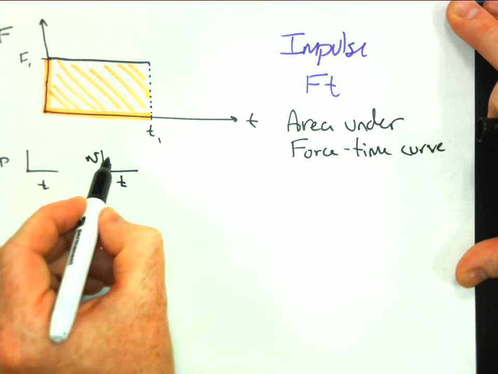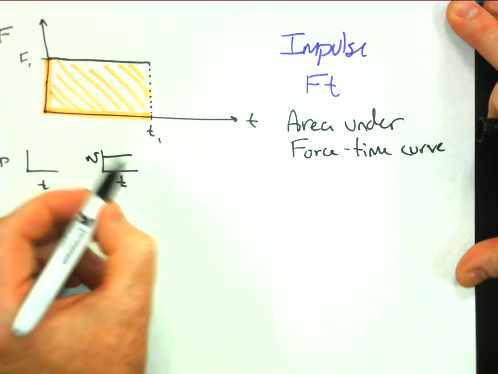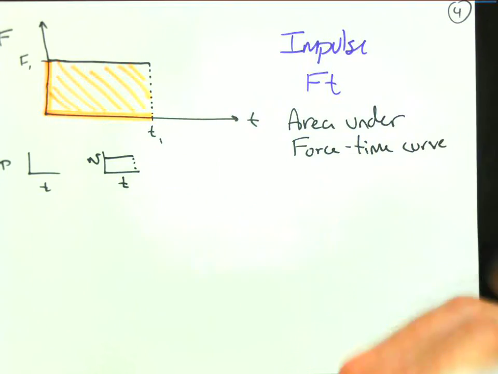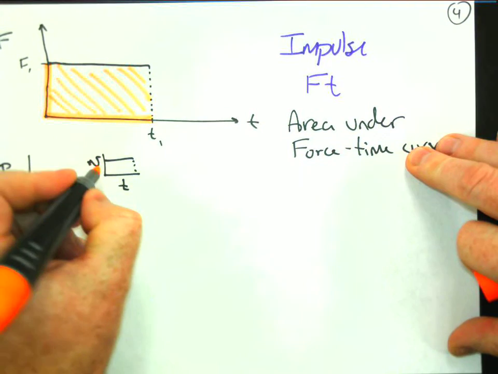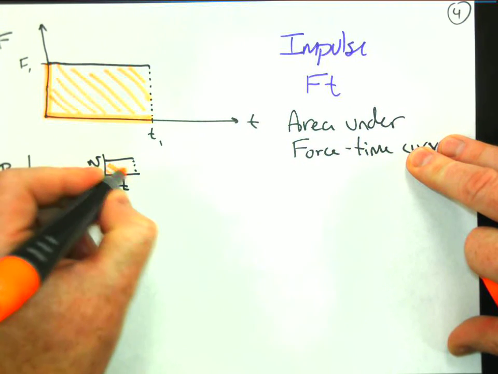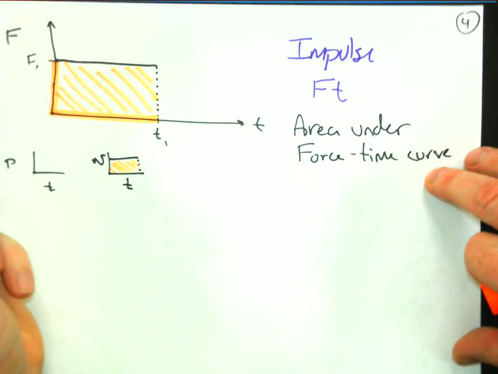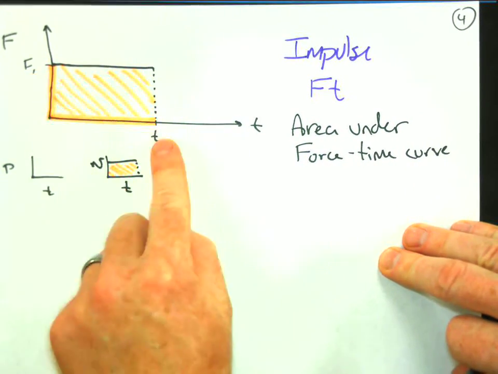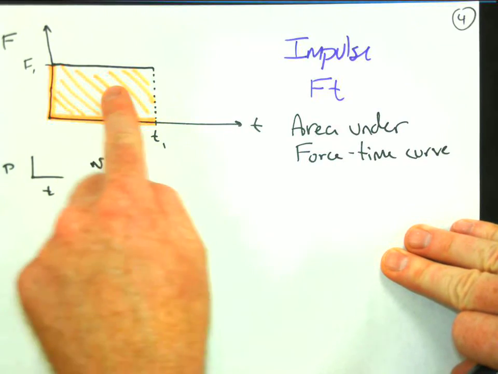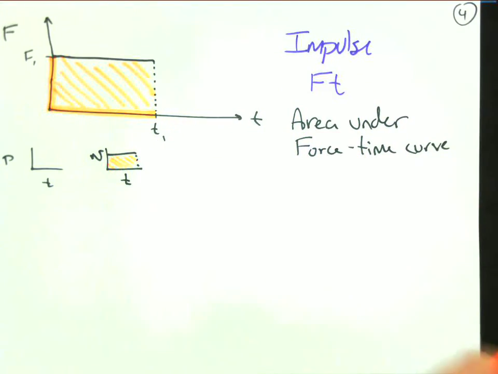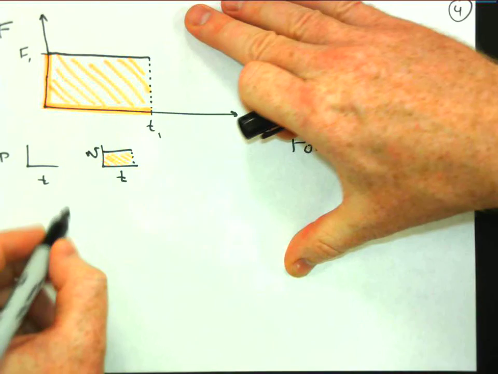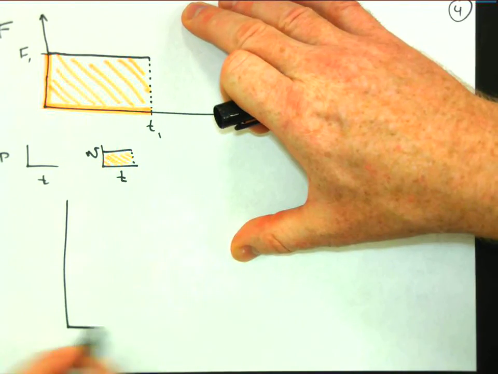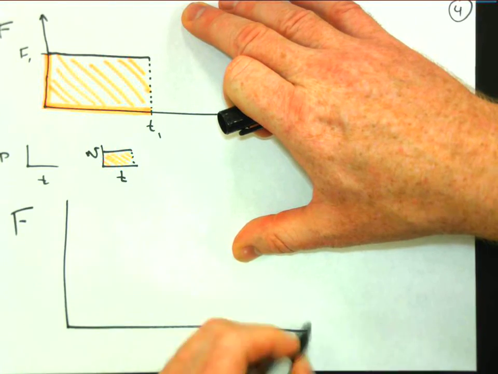So let's say you had a velocity for a certain period of time, right? Well, if you look at velocity times time, the area under a velocity time graph gets you displacement. Well, here, with force and time, the area under the graph gets you impulse. Okay, well, the thing about impulse on a graph like this is, do another one, force and time.